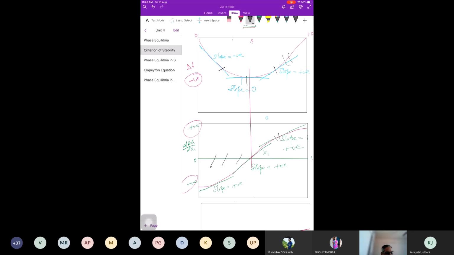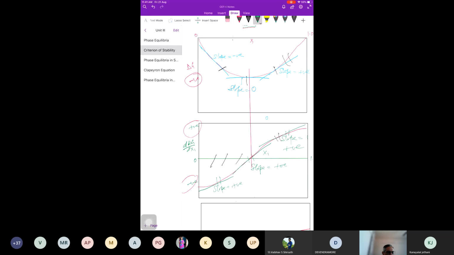Any doubts on this one? Okay. So now, if I take a tangent again to d delta G by dx1, suppose I take a tangent here. This is positive. This is also positive. This is also positive.